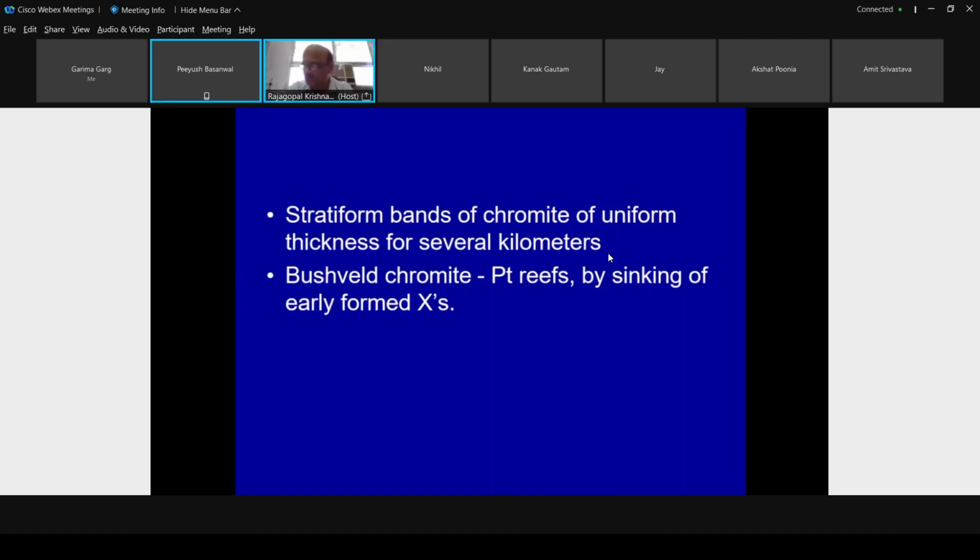Please do a small assignment on stratiform and stratabound deposits. Let me write stratabound: S T R A T A B O U N D. One is called stratiform, the other stratabound. Now you do a small assignment and show me in the next class.